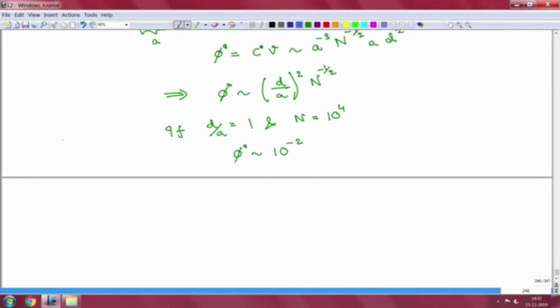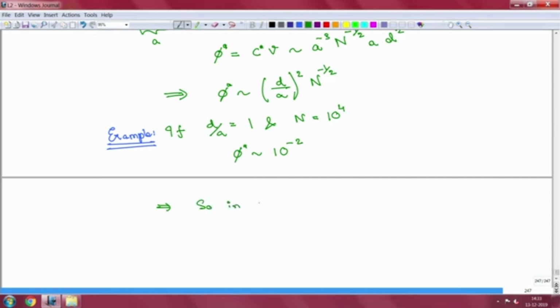So, this is an example problem. Here this implies that in such a situation the polymer chains will start to interact when the polymer concentration is only 1%.